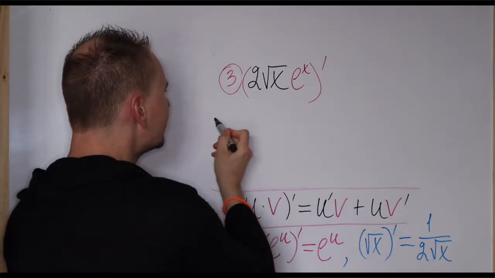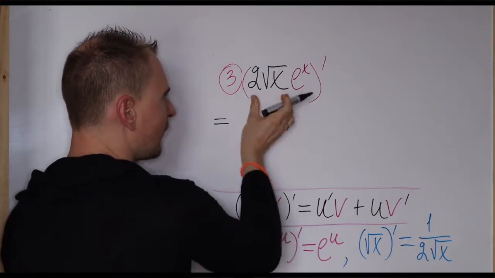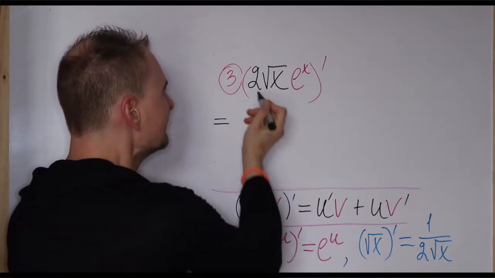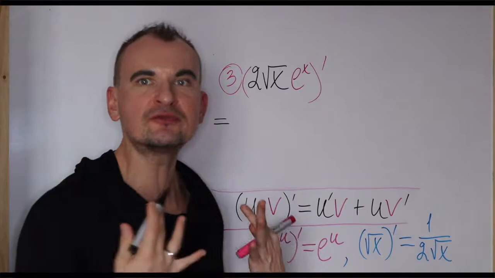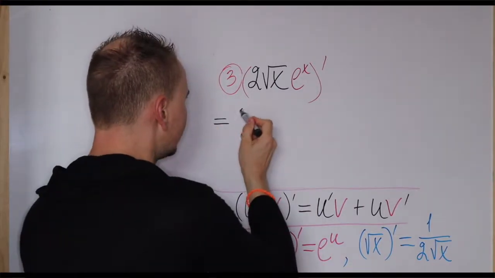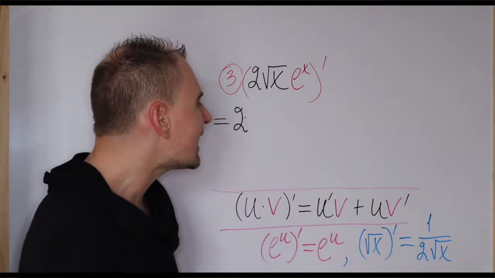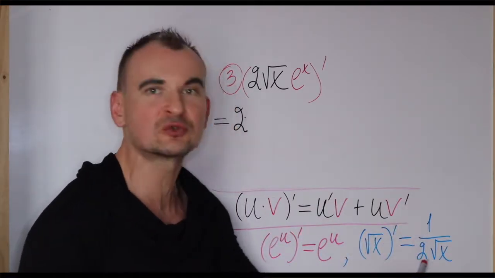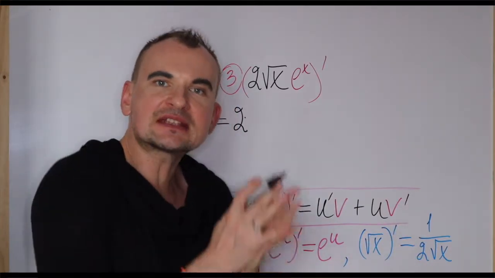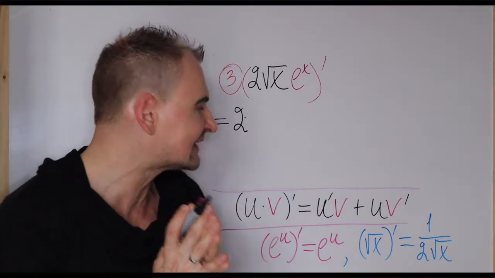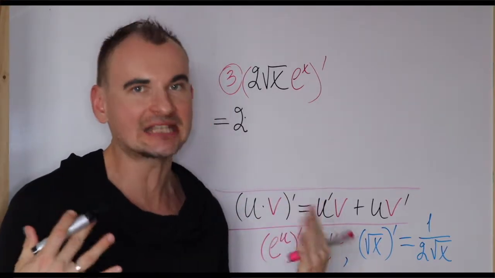First of all, we need to take care of the derivative of 2 square root of x. Since you are given the constant 2 in front, you want to keep it. So rewrite 2 as this, times the derivative of square root of x, which is going to be 1 over 2 square root of x. And this is kind of a special rule which basically comes from the standard power rule.